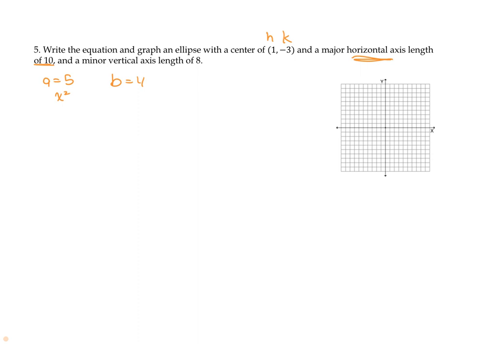So I'm going to write the equation, and I'm going to get (x minus 1) squared over 25 plus (y minus negative 3) squared over 16 equals 1. So I've got a center at (1, negative 3), over 5 both ways, and then up 4. And this is the equation.